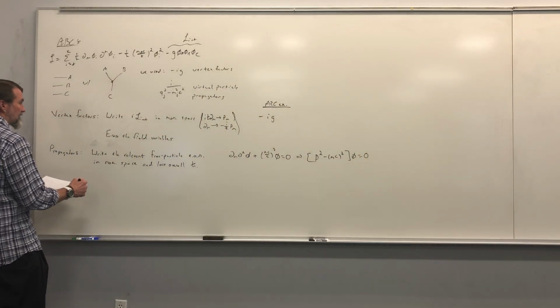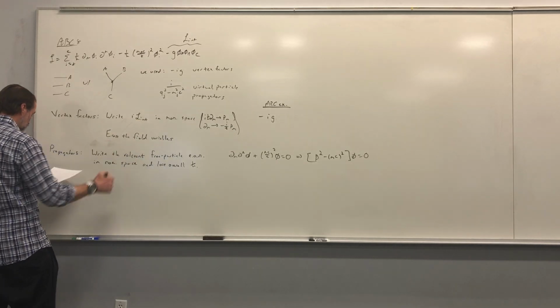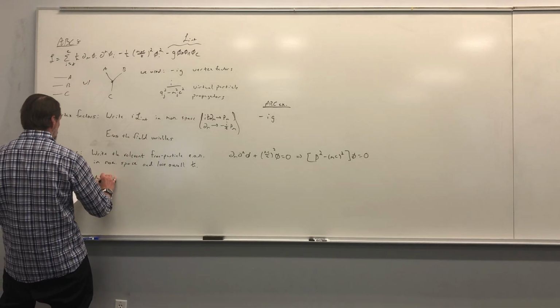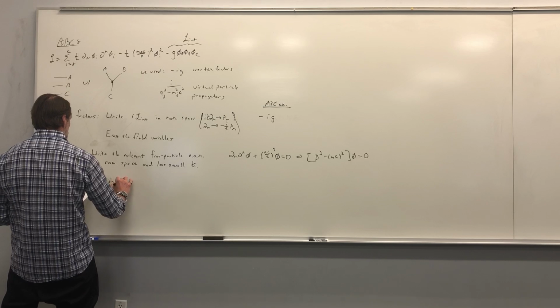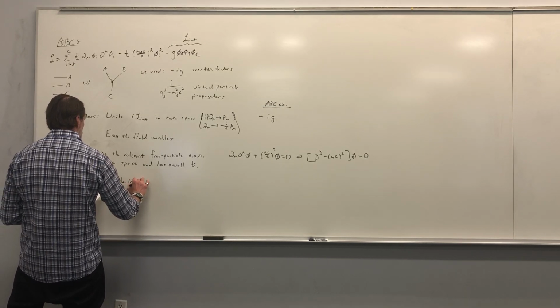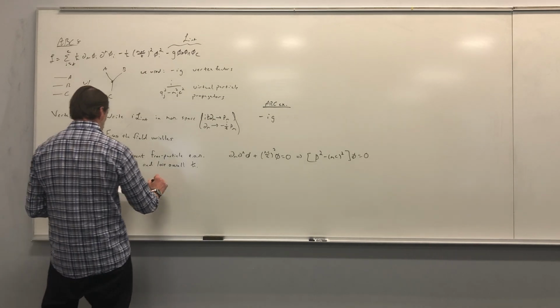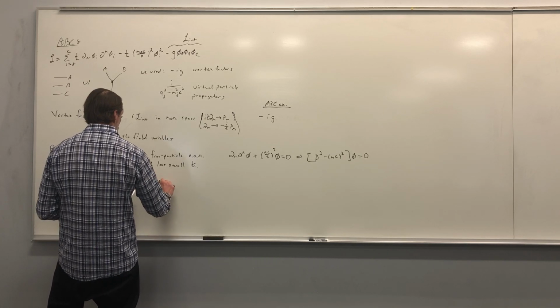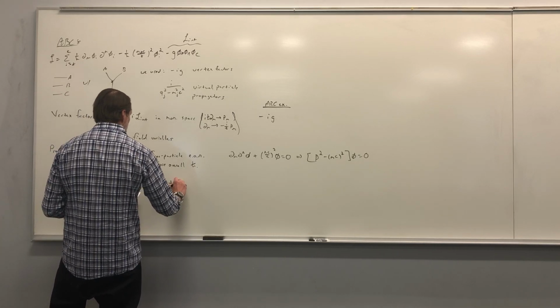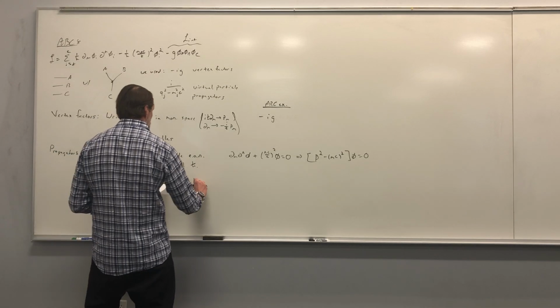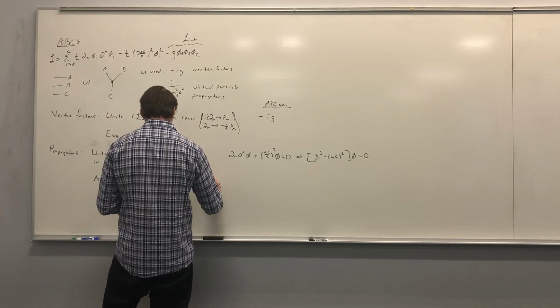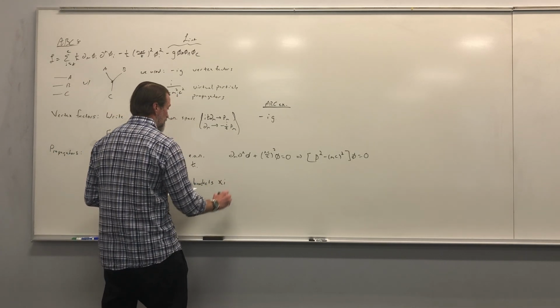Then it's just a simple story like this one: we multiply the inverse of the term in brackets by i.